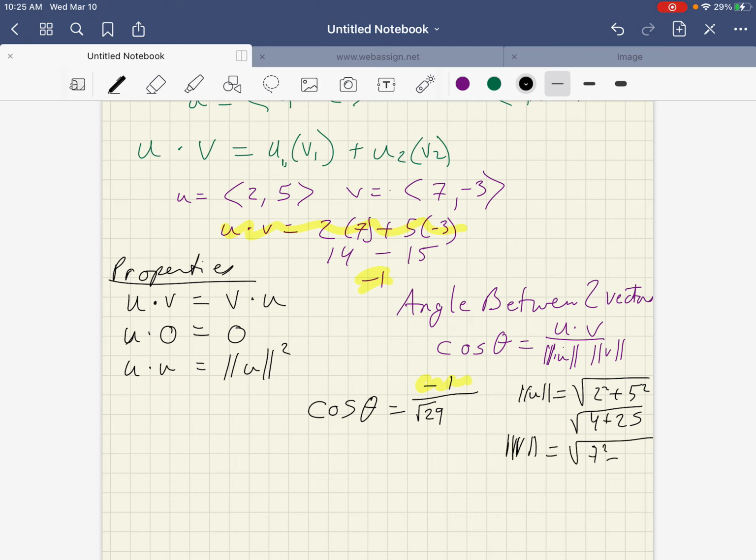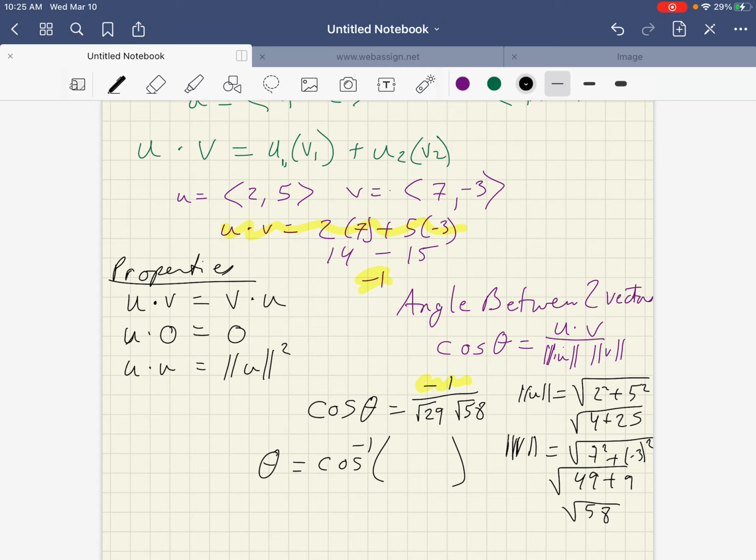And then we need the magnitude of v, which is the square root of 7 squared plus negative 3 squared. So that would be 49 plus 9, and the square root of that, so square root of 58. Then we're going to do the inverse cosine of that decimal.